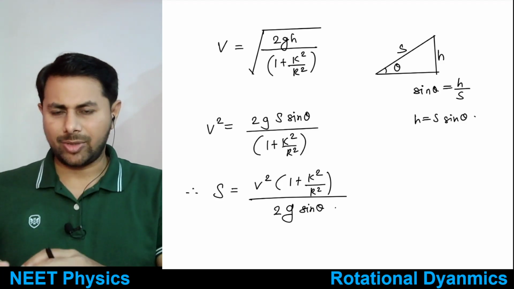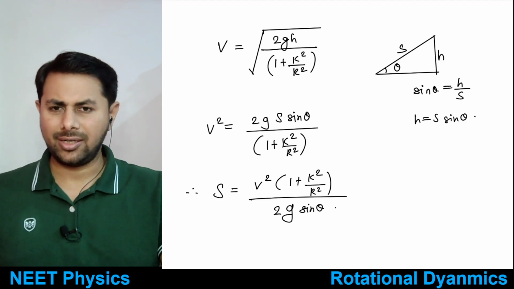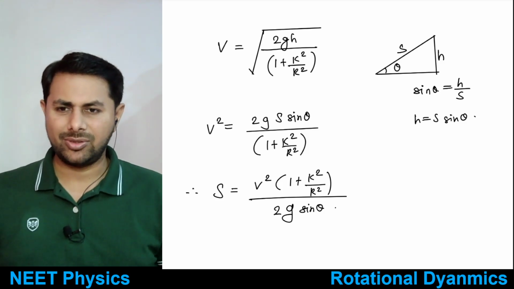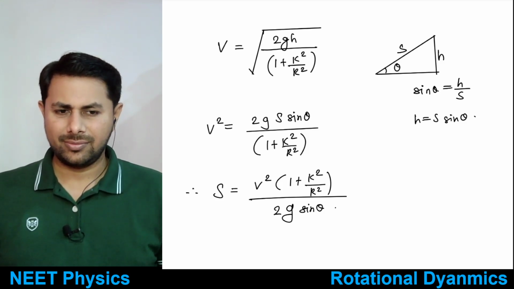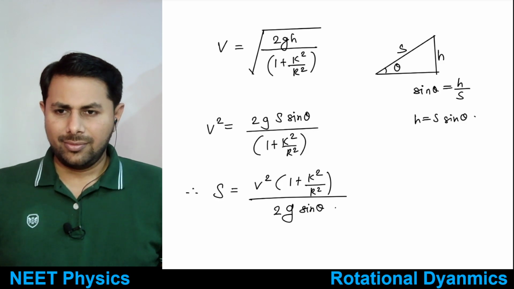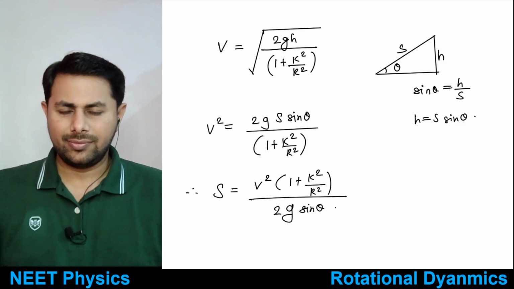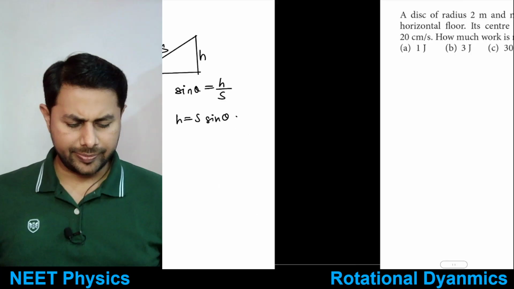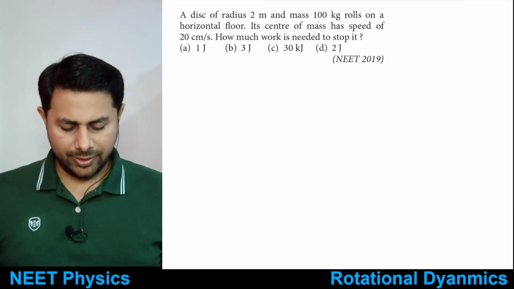So kinetic energy at bottom gets converted to potential energy at top, right? So the same formula can be used. Okay, is it clear, everyone? Okay, good.